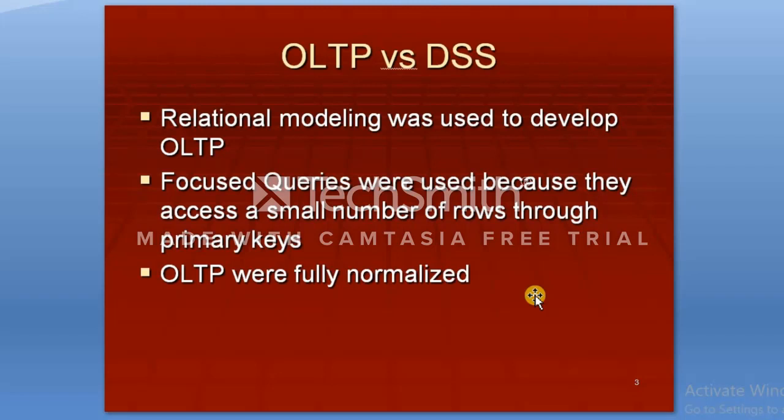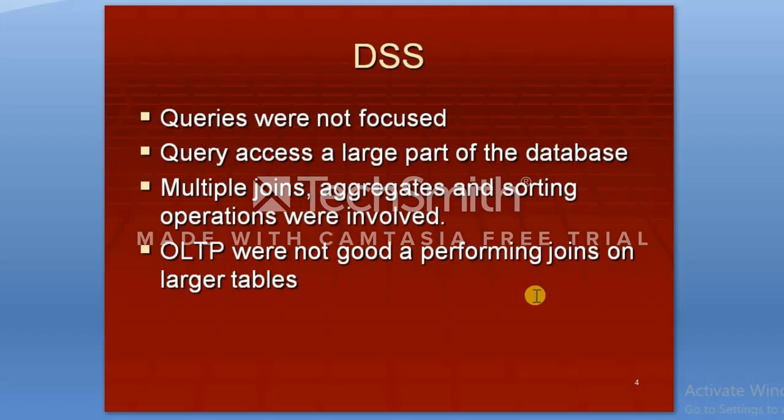So the OLTP system only records the transactions, it does not analyze them. But decision support systems are used to analyze those transactions so that the business owners take their decisions using the analysis of the data.